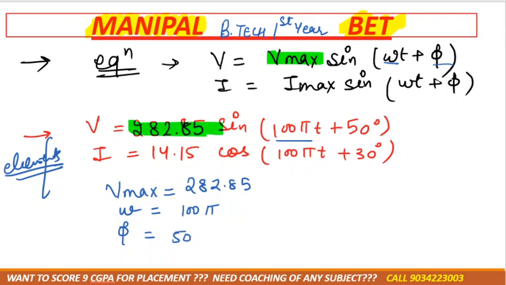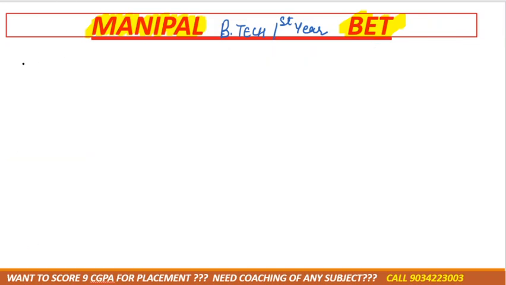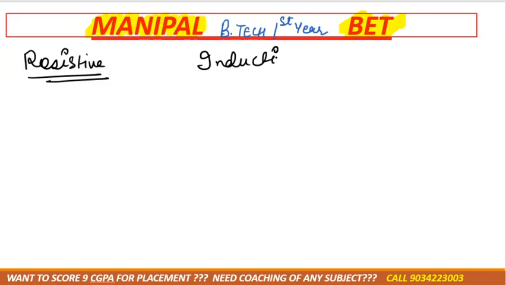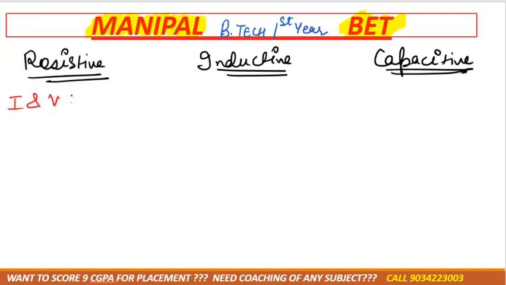Now before that, you should know some of the basics. As I told you, we'll have three kinds of load. One is resistive load, another one is inductive load, and another one is capacitive load, right? In resistive load, current and voltage are in the same phase.